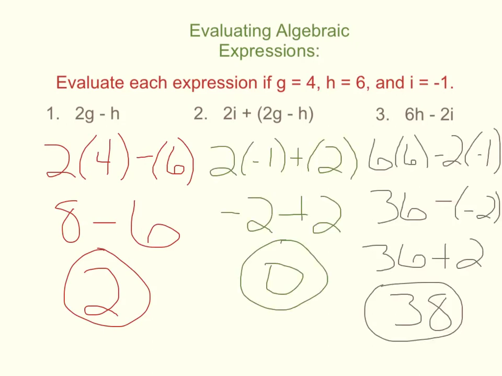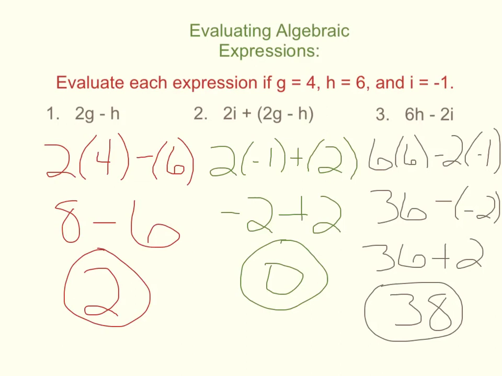In example 2, we have the expression 2i plus the quantity of 2g minus h. Whenever we have a separate expression inside a set of parentheses, we express that as the quantity of whatever is inside our parentheses. Now we already know what 2g minus h is. We already figured out that was 2.